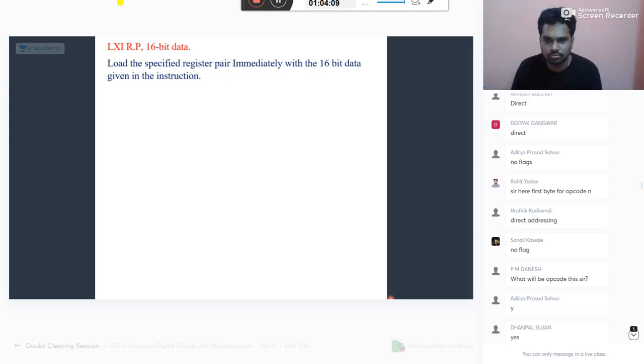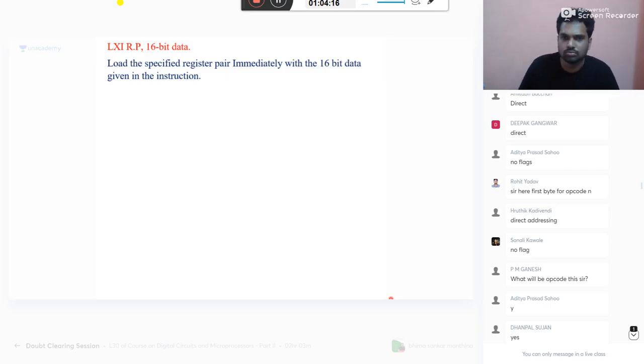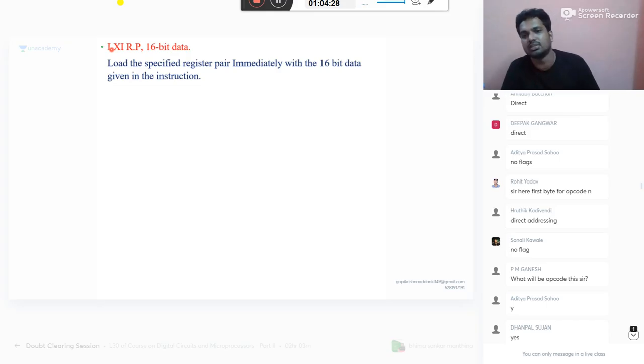Now, see here, LXI RP, load immediately the register pair. Listen here. What is the meaning of LXI RP? LXI RP means load immediately the register pair with the 16-bit data.